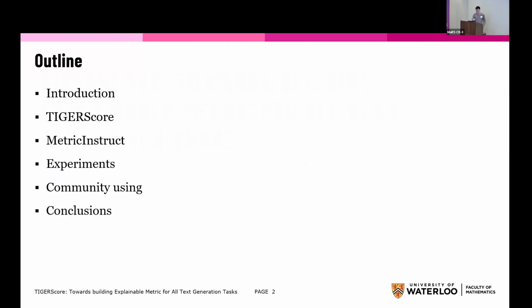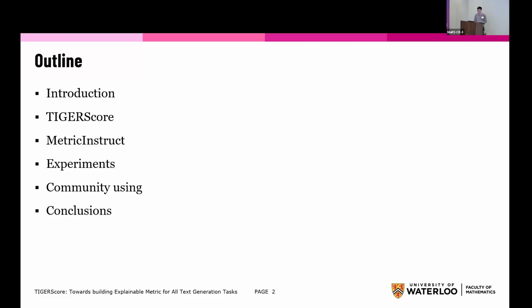So the outline is that I first introduce our paper's motivation in the introduction, including the current metric issues and what good universal metric we are aiming for. Second, we introduce the design of TIGERScore, how we design the model architecture and input-output format to make it a better universal metric.